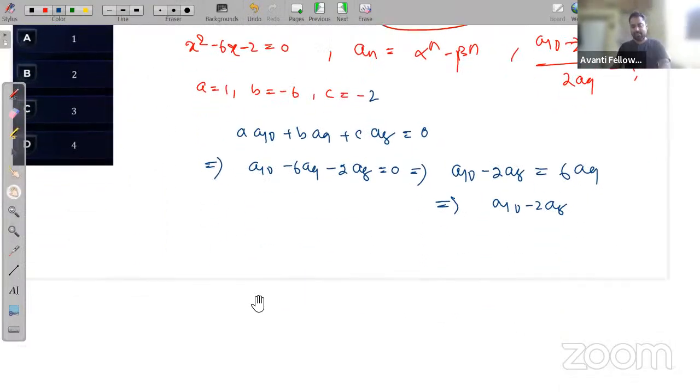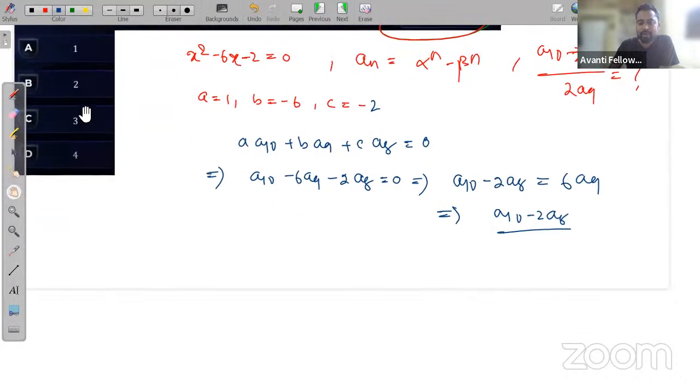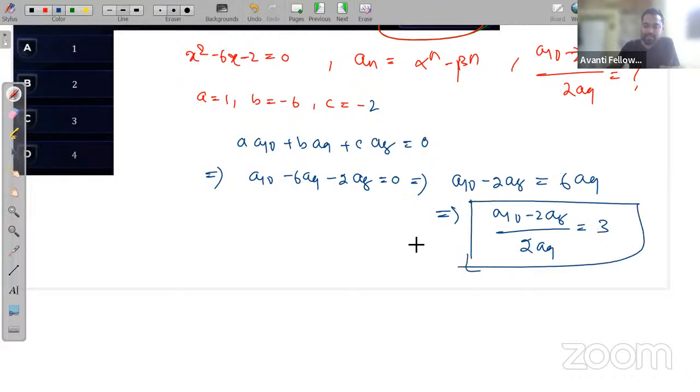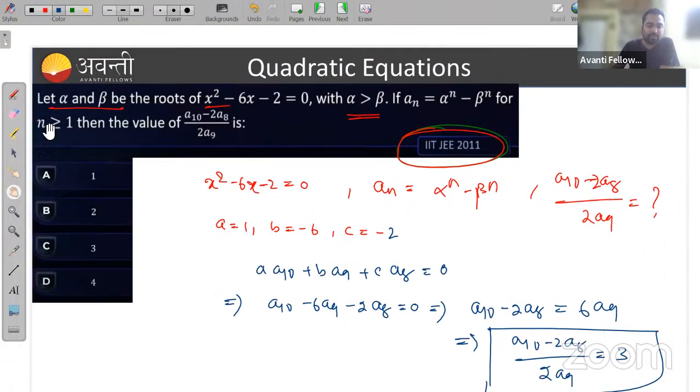Got the answer? Very good. A10 minus 2A8 upon what do I need? In the denominator we are having 2A9. If I divide on both sides by 2A9, what will we have? 3. The answer is 3. Easy, right? The correct answer is 3.